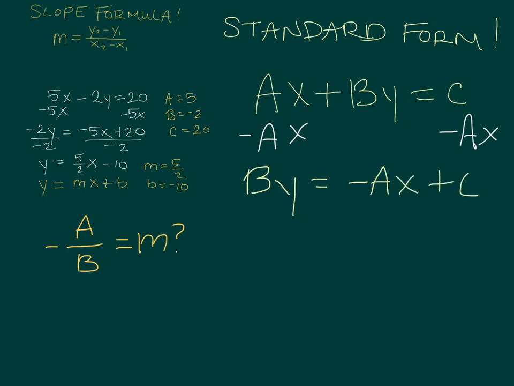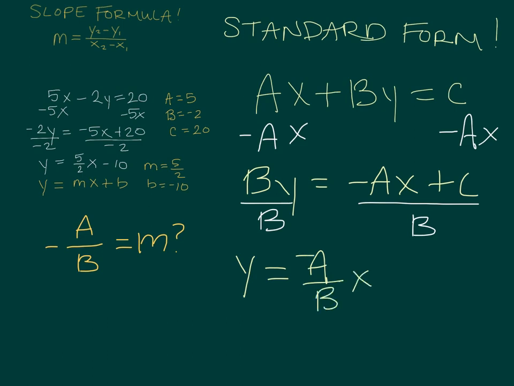And let's see, what did I do over here? I divided by the coefficient on y. So I'm going to divide by the coefficient on y. So I'm going to divide by b, and then I'm going to rewrite this as y equals negative a over b x plus c over b.